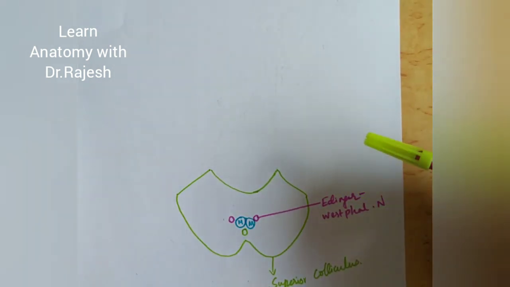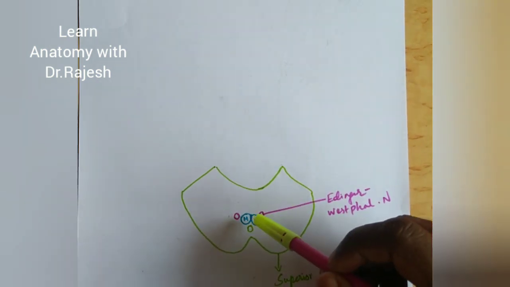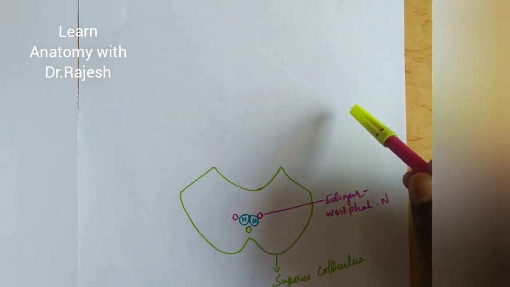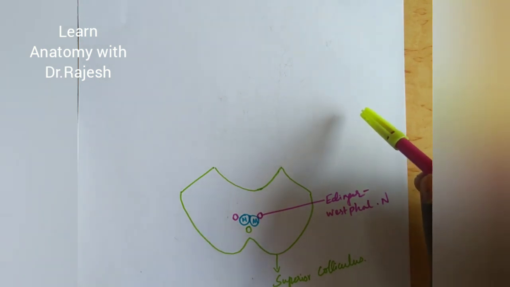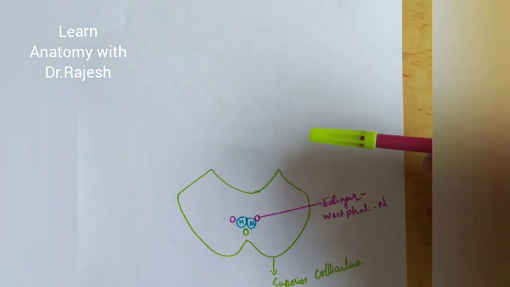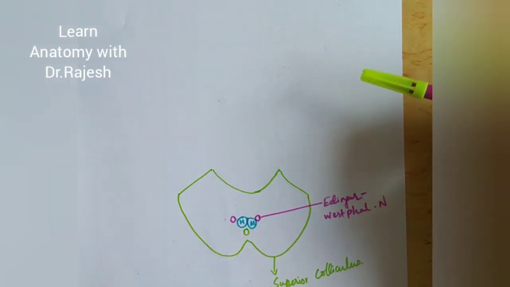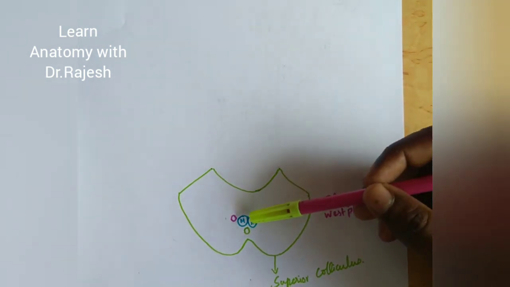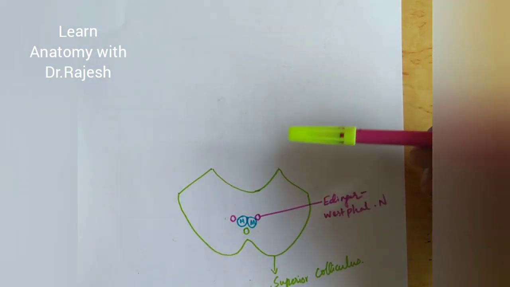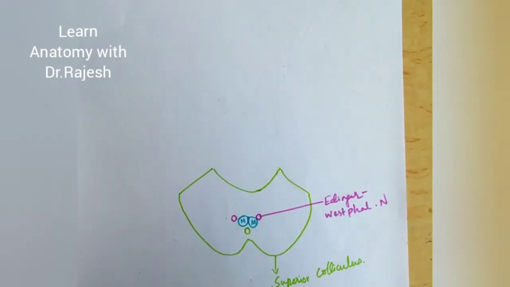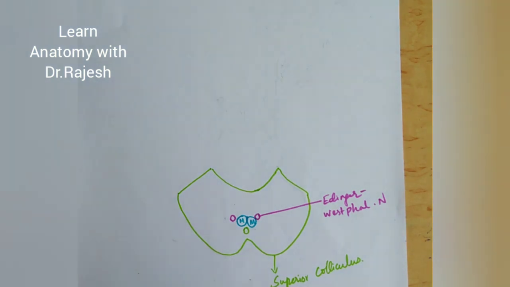The superior oblique is not supplied by the oculomotor nerve. It is supplied by the 4th cranial nerve, the trochlear nerve. Then we have one more muscle, the levator palpebrae superioris, which elevates the eyelid and is also supplied by the oculomotor nerve.